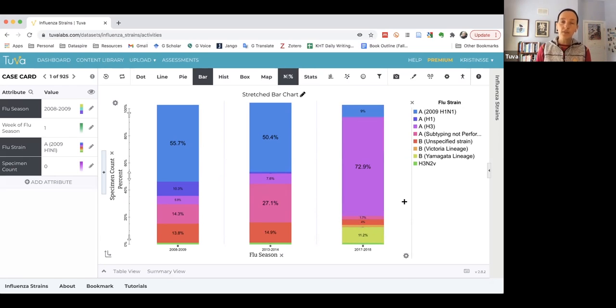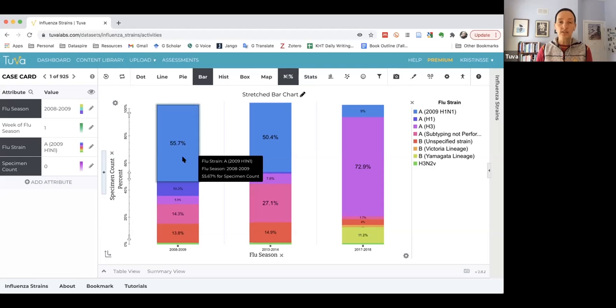With the strains being different colors, and the percents of those bar sections labeled, we can quickly see that the most prevalent strain is not the same across all seasons.